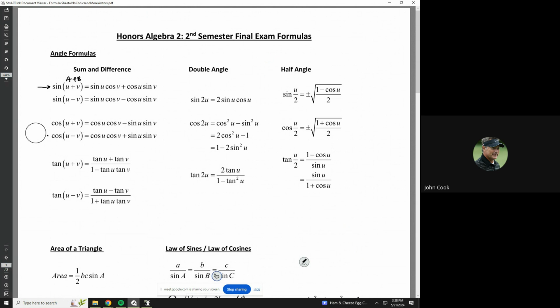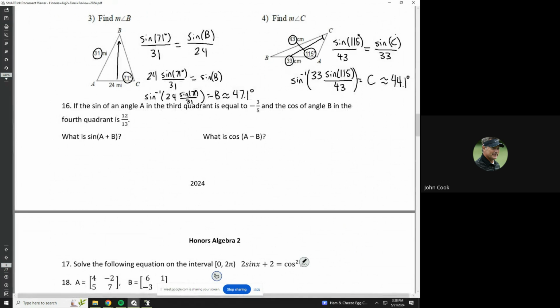Okay, so let me write them down. So that's going to be sine, and then it's going to be sine cosine plus cosine sine. All right, so it's going to be the sine of A times the cosine of B plus, because you have a little plus there, the cosine of A times the sine of B. So that's the identity that I'm going to be using.